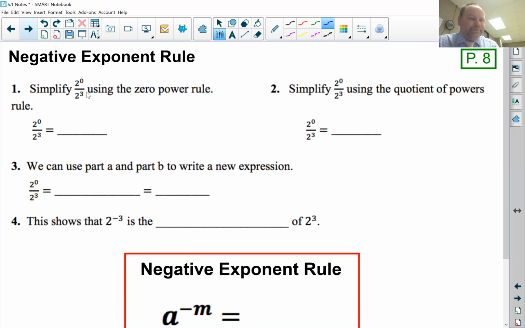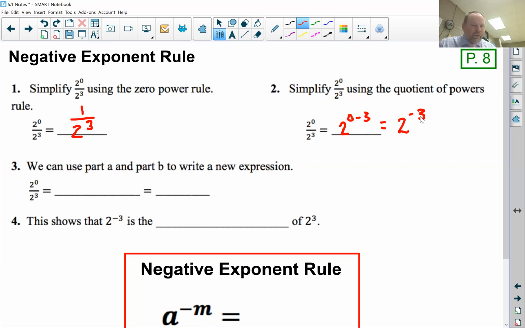So this would be 2 to the 0 power, which is 1, over 2 to the 3rd. If we use the quotient of powers, we would take 2 to the 0 minus 3, which would be 2 to the negative 3rd.